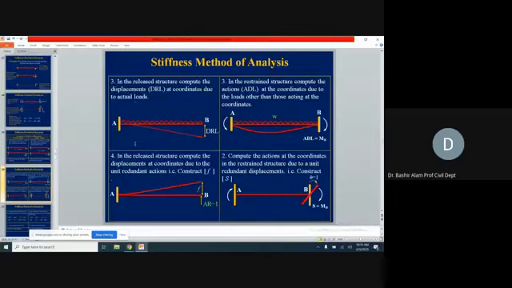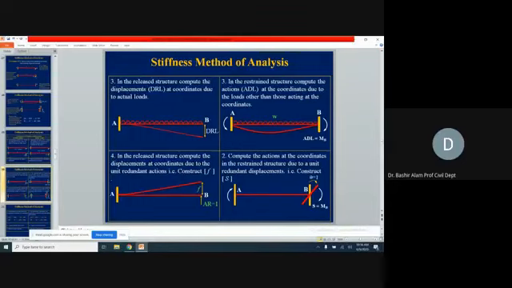Now the third one. In the release structure, we compute the displacement DRL at the coordinates due to actual loads. The release structure is under the actual load, and we find this DRL, which is the displacement corresponding to the redundant action in the structure under the actual loads. In the flexibility method, what is the parallel process?